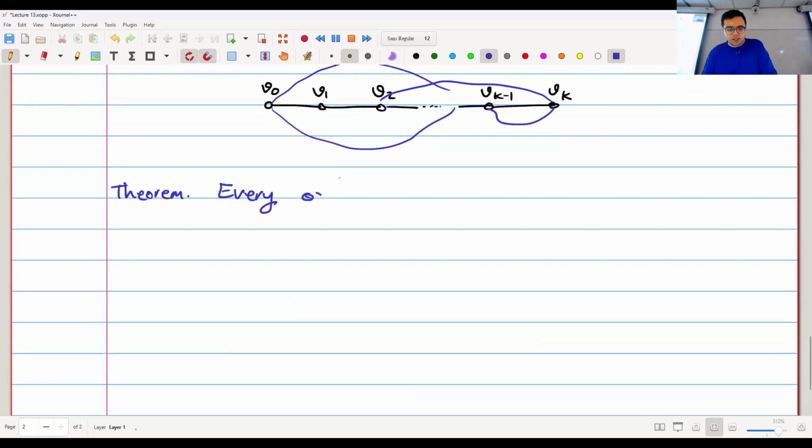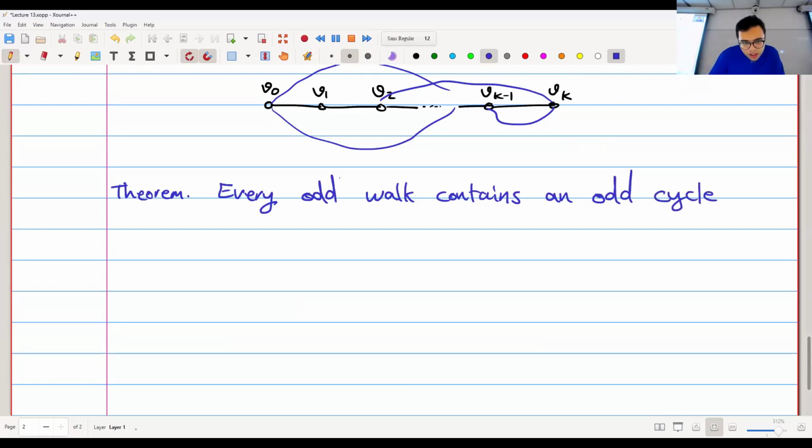Every odd walk contains an odd cycle. And again, not odd walk, odd closed walk. It has to go back to where it starts.